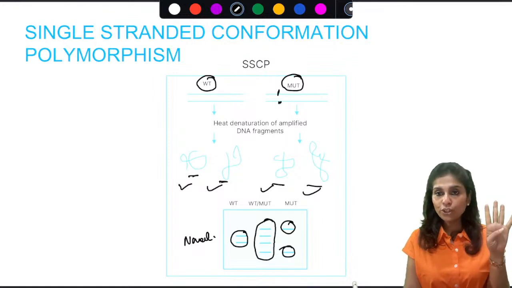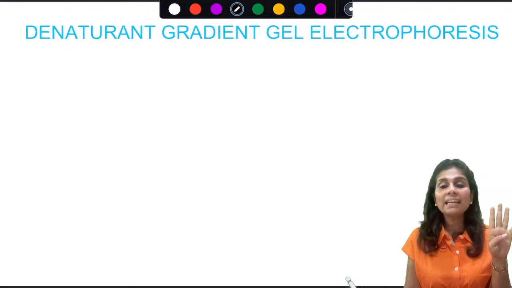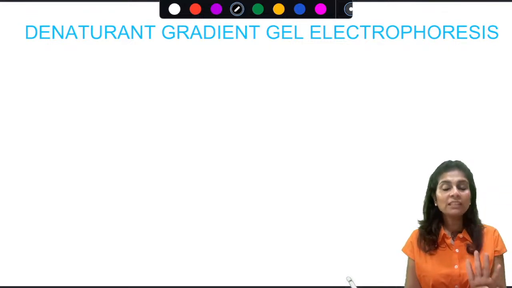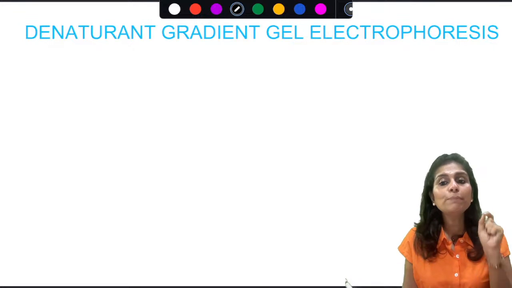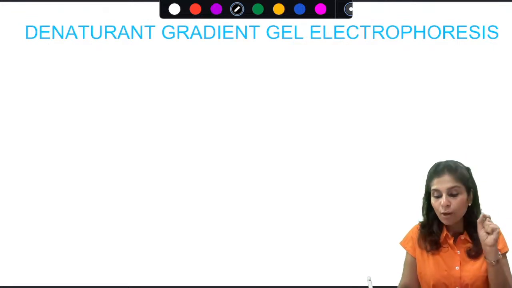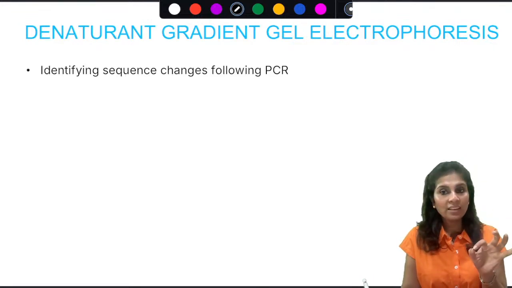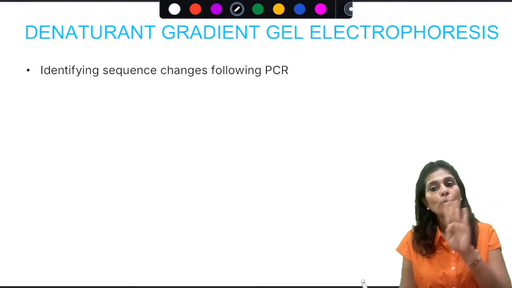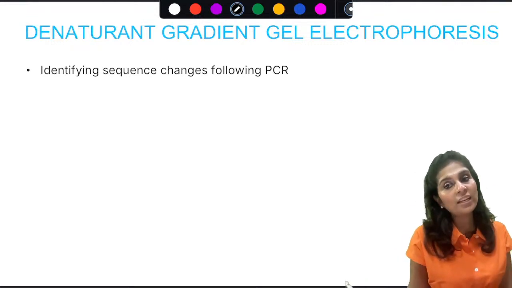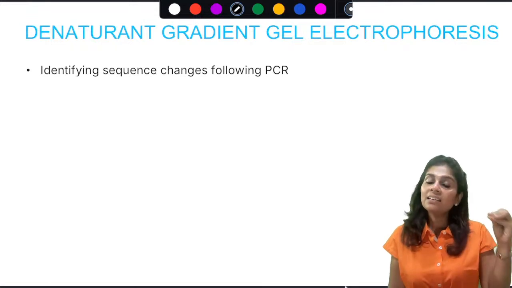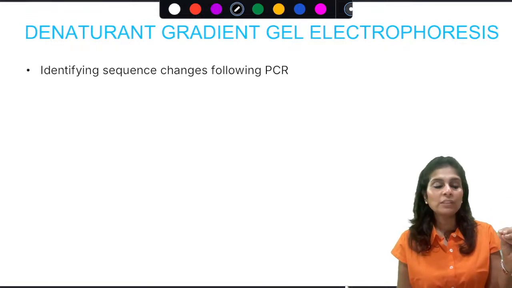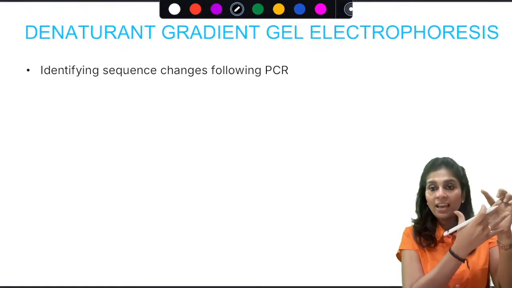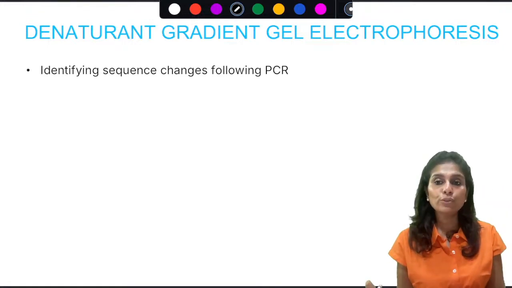The fourth choice is denaturant gradient gel electrophoresis. What is this used for? This is also used to find out specific sequence changes following PCR. Okay, so the basic difference between single-stranded conformation polymorphism and denaturant gradient gel electrophoresis is, in single-stranded conformation polymorphism, in the PCR tube itself, you mediate denaturation and then you run it through electrophoresis.